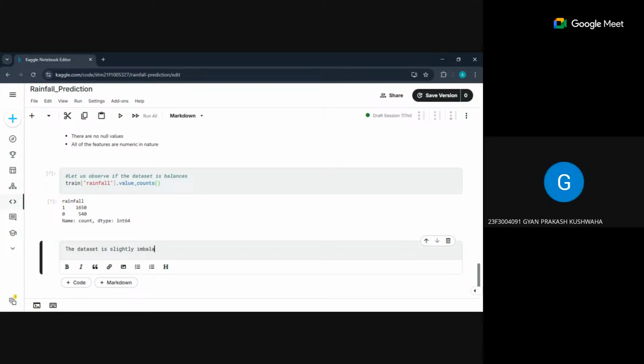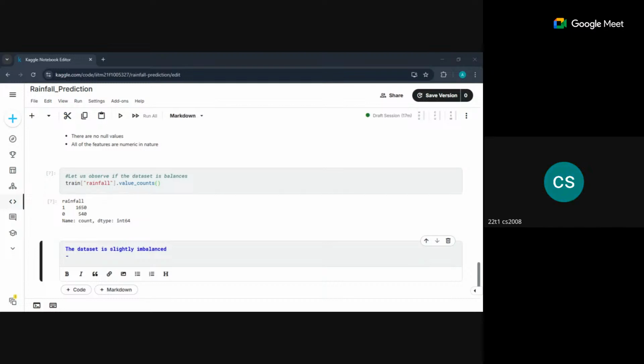Sir, if it follows 80-90% class balancing, then we say it's highly imbalanced. Right. It depends on a case to case basis.